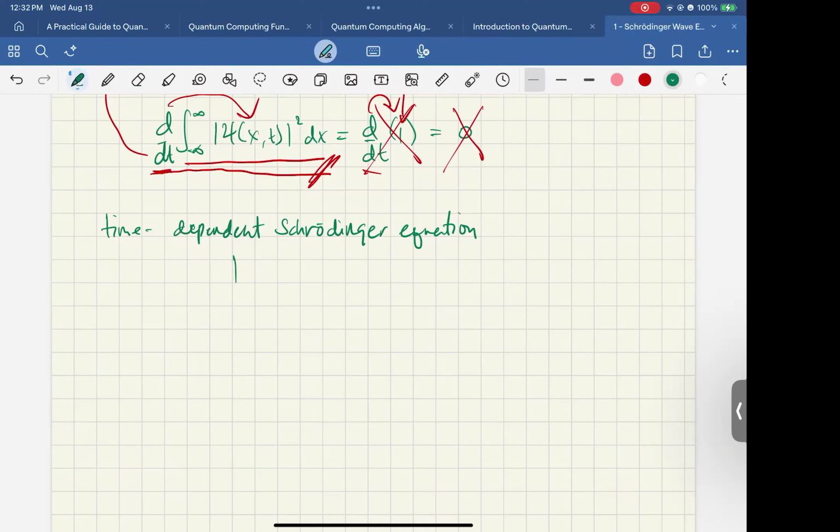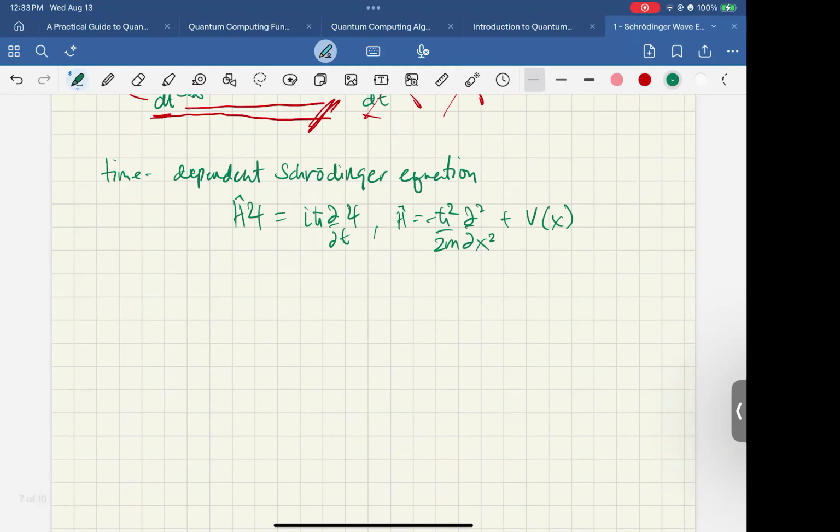Sabi natin H psi is equal to i h bar partial with respect to time ng psi. So alam natin na yung Hamiltonian operator is given by negative h bar squared over 2m partial with respect to x squared plus V of x. May ko-correct lang ako kasi para pag na-send sa inyo itong notes na to, tama yung nakalagay.